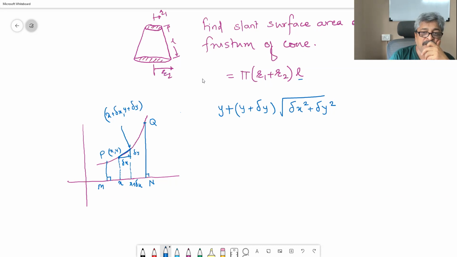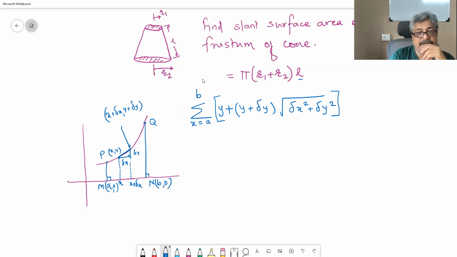Now, if we take all those small steps and add them, sigma x goes from A to B, that is the summation of all of them.